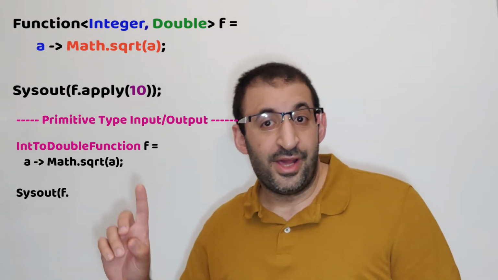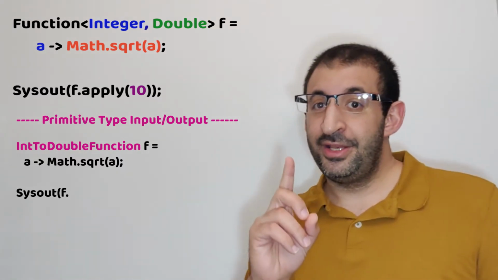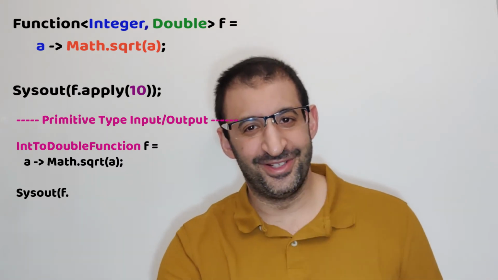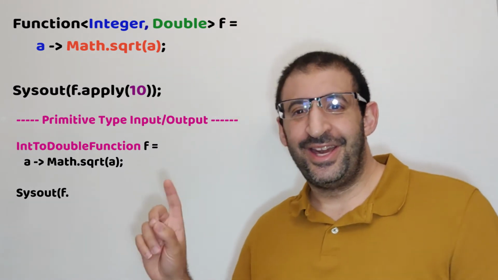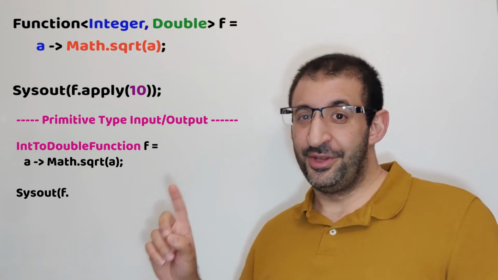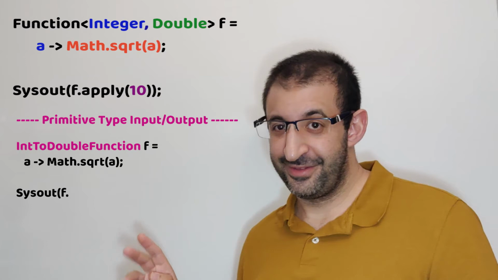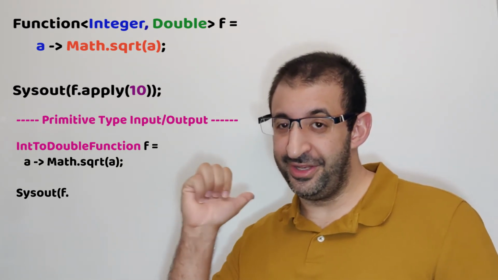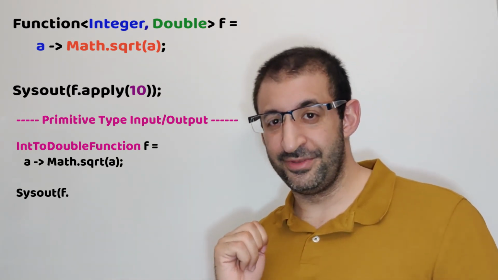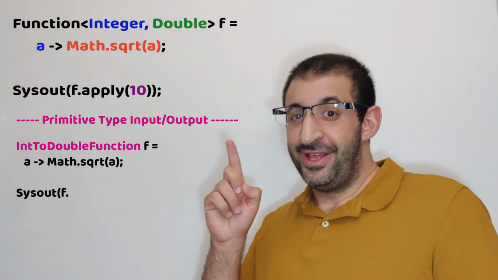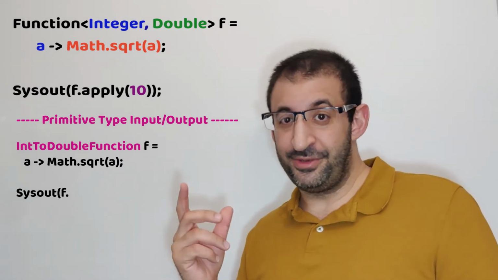f equal the same thing, a simple arrow, Math.sqrt of a. Okay, and here System.out.println. Be careful. Again, be careful. Here we have not f.apply. We have seen the new method in the latest example, example 2. Here the return type is, what is the return type?